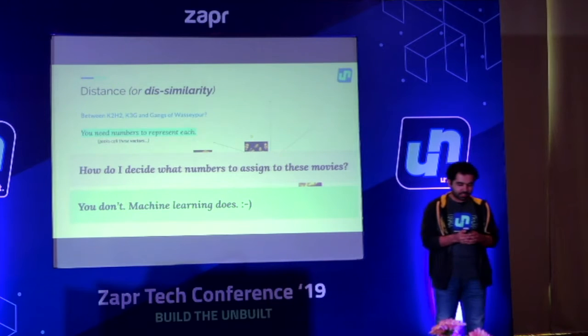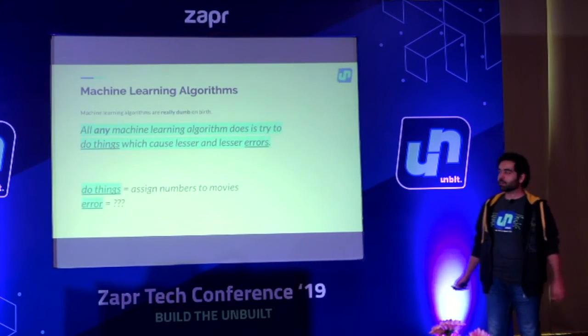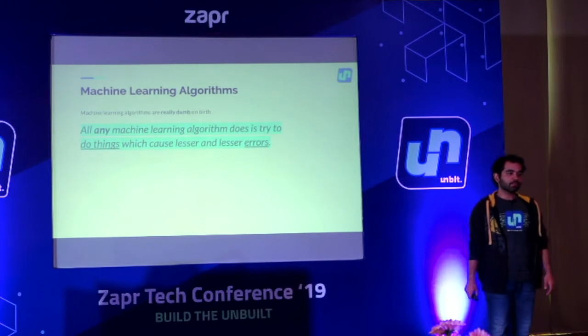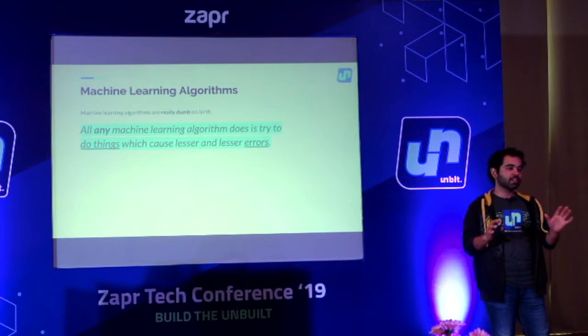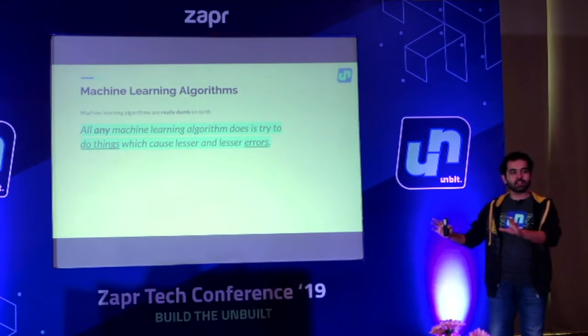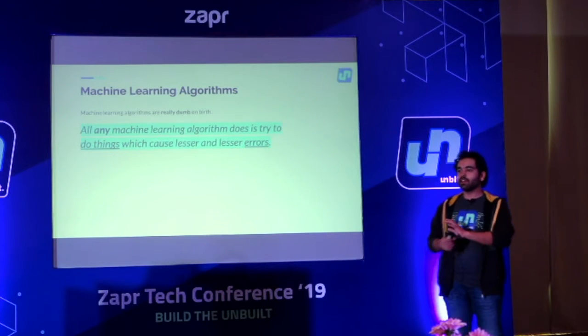But before that, let's do a basic one-slide crash course on machine learning. Machine learning algorithms in general, any machine learning algorithm, is just trying to do some things which are causing lesser and lesser errors. Okay, that's all they do.